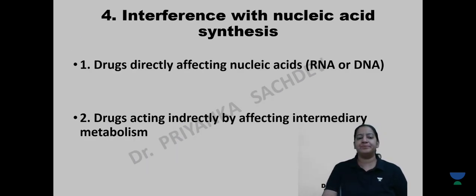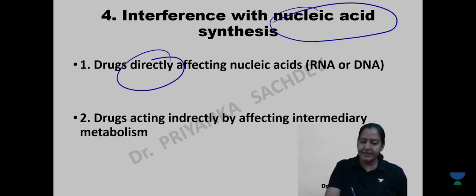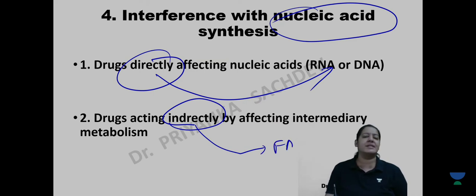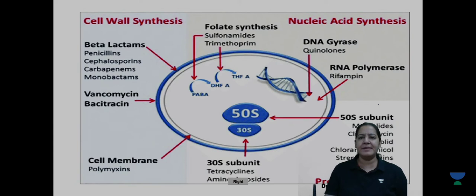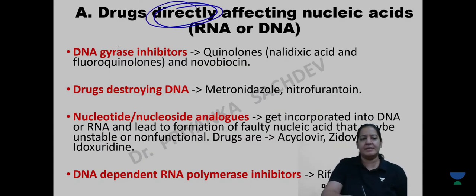So the last category, tell me the name of the antibiotics which inhibit nucleic acid synthesis, right? Some inhibit directly, that is, they directly inhibit DNA and RNA synthesis. Some act indirectly. By indirectly, I mean they inhibit folic acid synthesis, and folic acid is required for DNA and RNA. So some are direct inhibitors, some are indirect inhibitors. If I say direct inhibitors, the best example is quinolones, right?